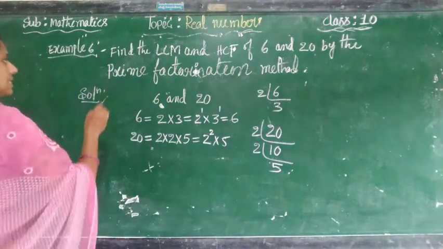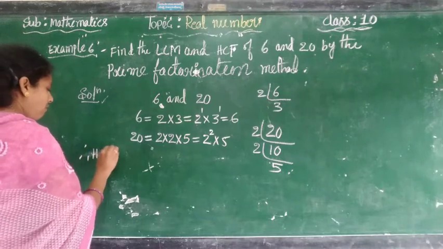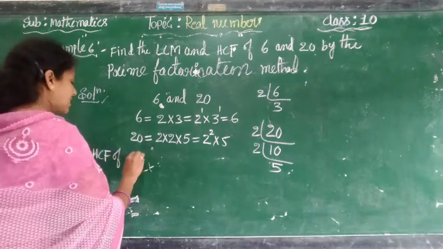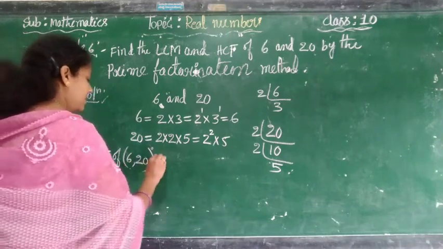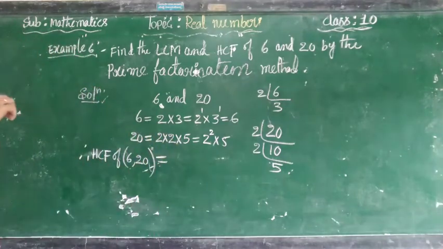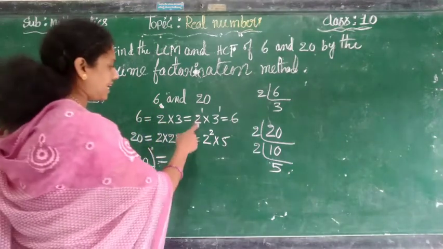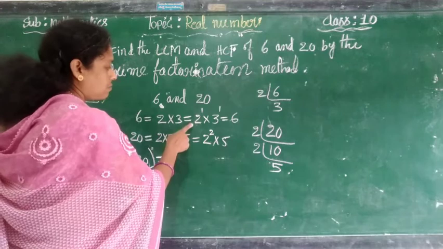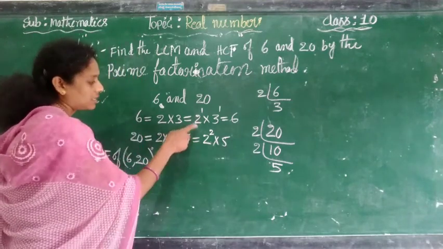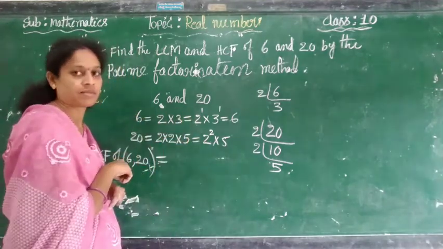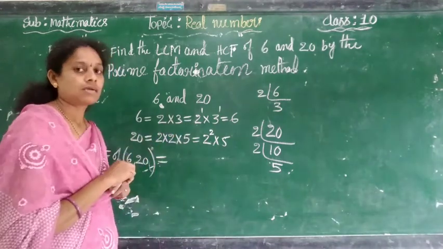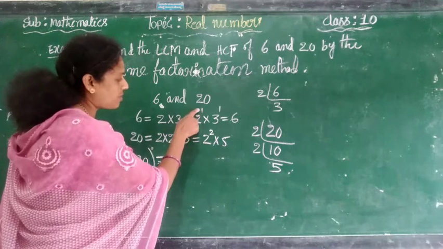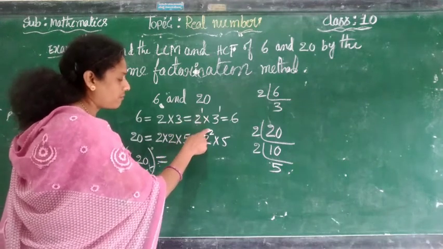Therefore, the HCF of 6 and 20: we take the smallest power of the common prime factor. The common prime factor is 2, with powers 2 to the power of 1 and 2 to the power of 2.